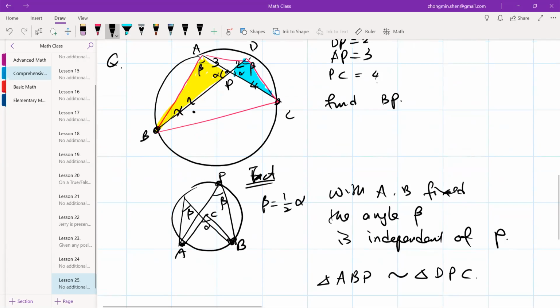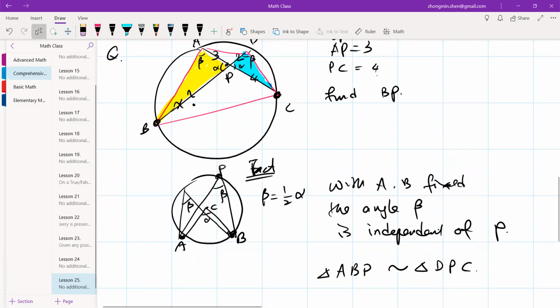Why? Because they share the same two foot points, B and C. So that's the reason you get the two triangles with the corresponding angles equal. So that's what's similar.